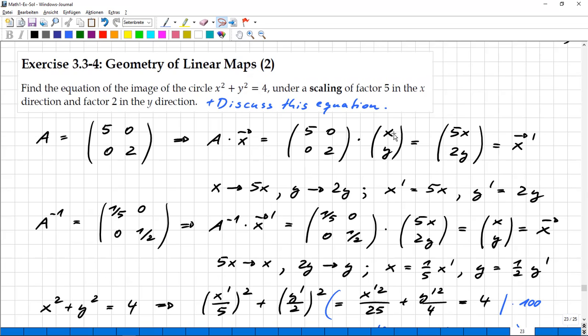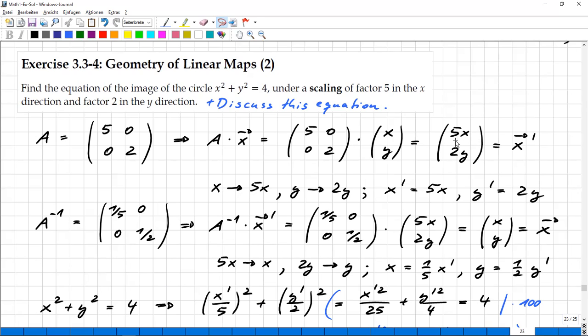It has components x and y, and the image vector is called x prime. Its first component would be called x prime without a vector sign, and the second one y prime.